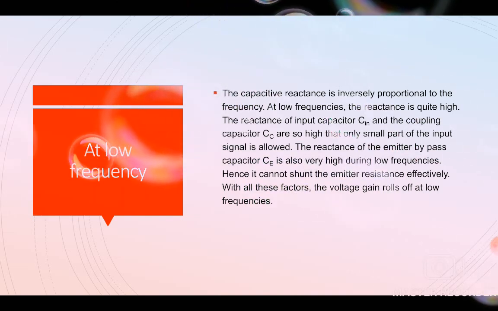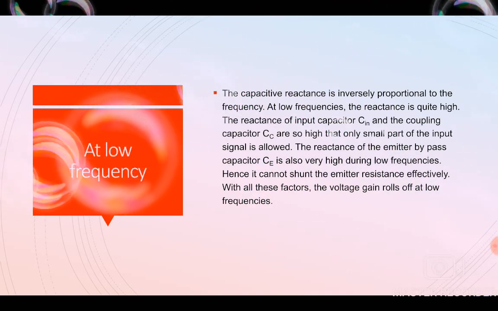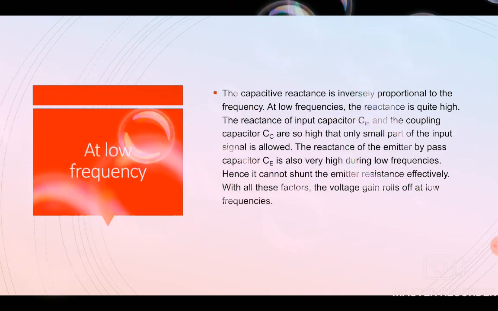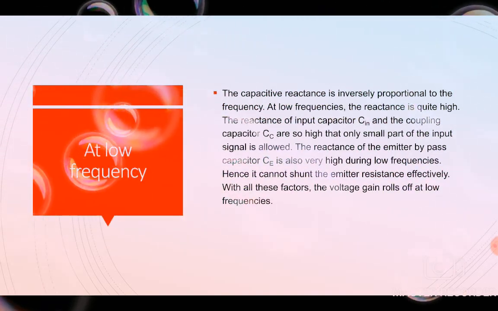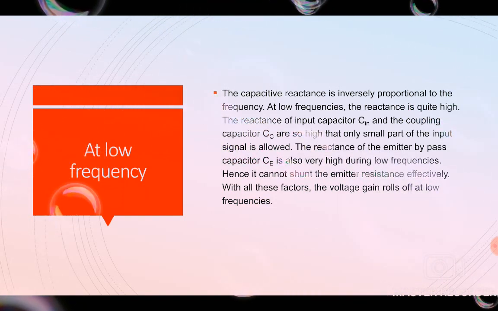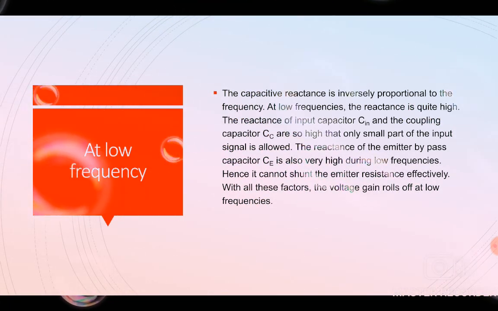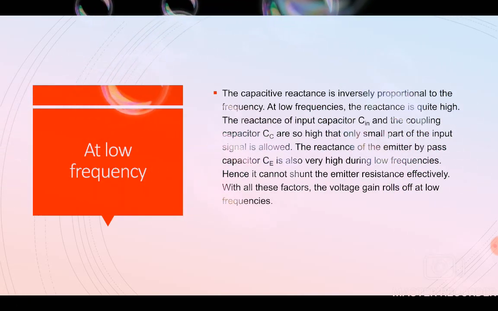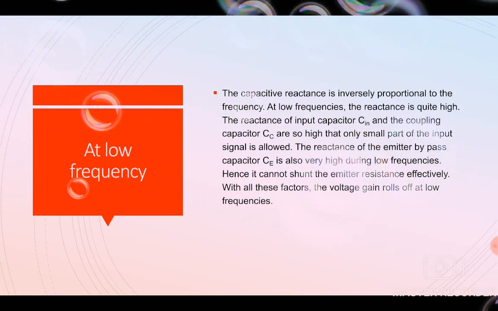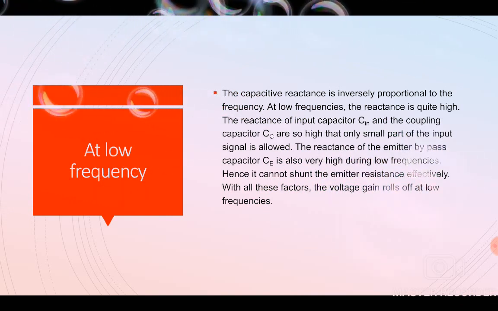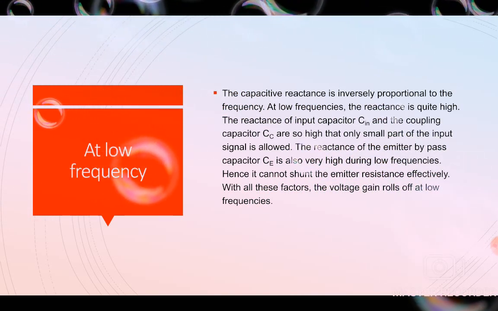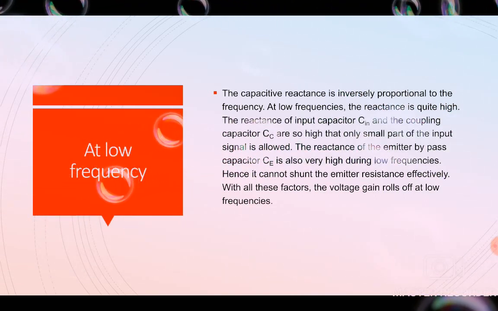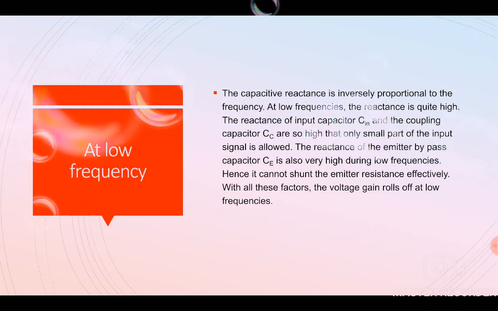The reactance of input capacitor Cin and the coupling capacitor Cc is so high that only a small part of the input signal is allowed. The reactance of emitter bypass capacitor CE is also very high during low frequency, hence it cannot shunt the emitter resistance effectively. With all these factors, the voltage gain rolls off at low frequency.